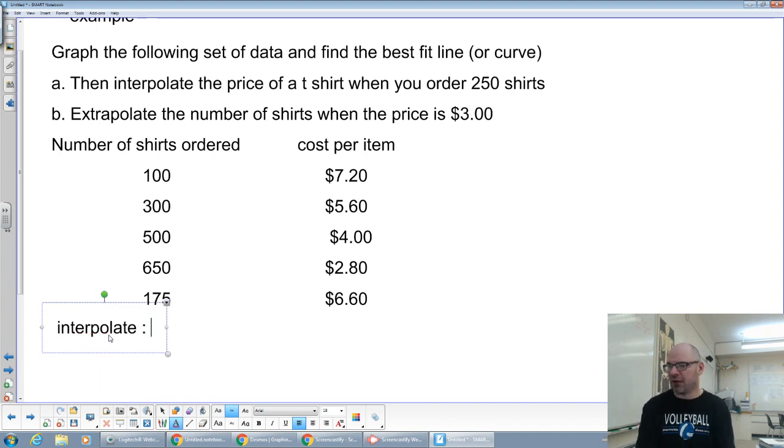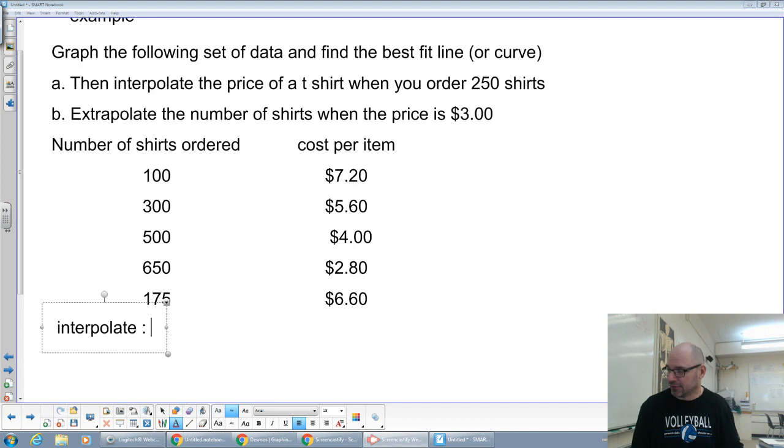When we're interpolating data, we are predicting the point on a best fit line where it would be within the graph. That's interpolate. Extrapolate means we're predicting along the best fit line that is beyond our data points. I'll type those in, but I'm just going to pause here for a sec and I'll be right back.